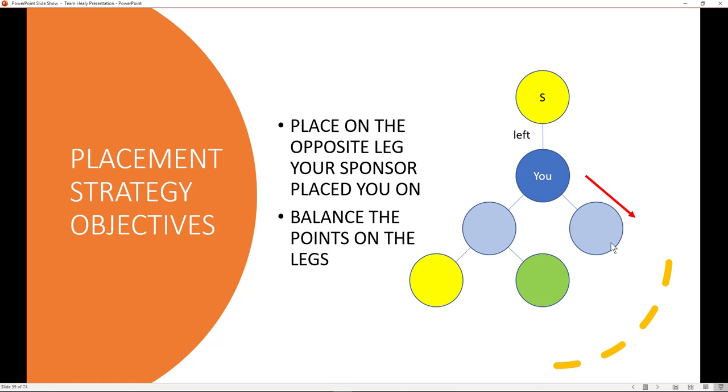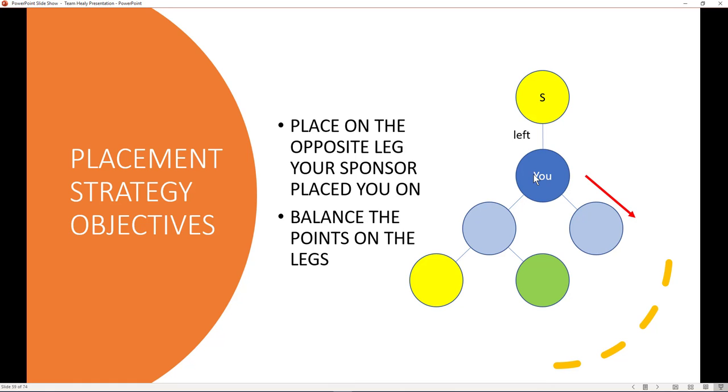Now, having said that, the overriding thing is to make sure that the legs balance in your PV. So what you need to do is on a very routine basis, in fact, I would do this every time I place somebody, I'd take a look and see how my legs were balancing, and you'll get used to the general trend of whether one leg is stronger than the other. It's not going to always be the same.